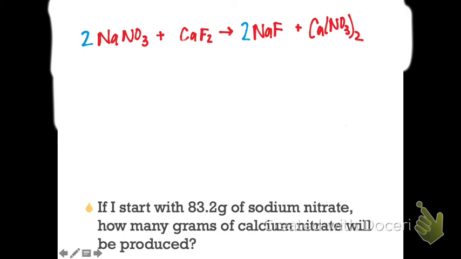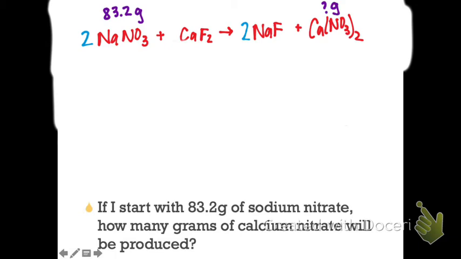So now we're doing a gram to gram conversion, right? Just like we've been practicing. So I'm going to start with 83.2 grams of sodium nitrate, and I'm trying to find grams of calcium nitrate.